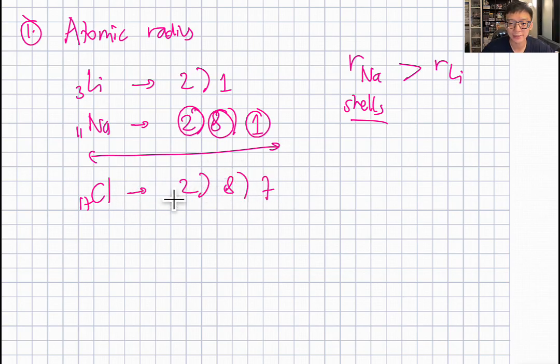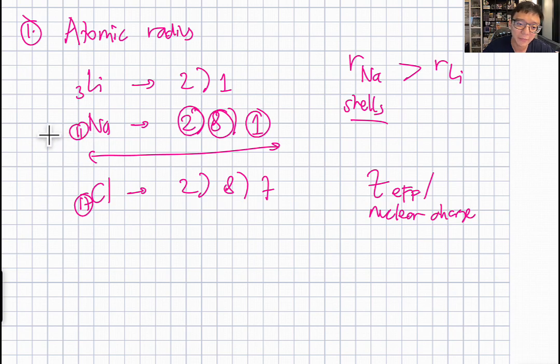Now in this case, they both have 3 shells. So now we have to come to the second consideration, which is the nuclear charge, or what we call effective nuclear charge, Z effective. You know that this number is not only about the electrons, but also the number of protons.